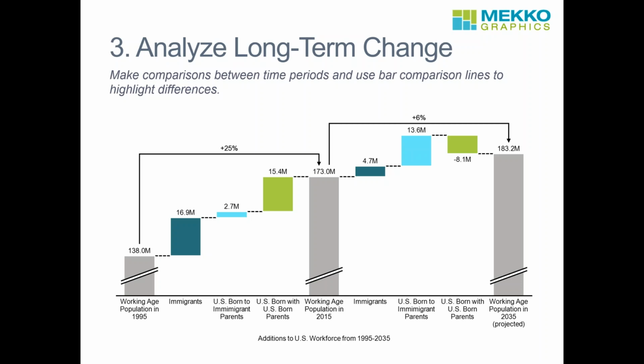In this case, change between 1995 to 2015, and then 2015 to 2035. Second, I wanted to highlight the overall change, and I used these bar comparison lines to do that. Third, I used the axis breaks again to shrink these total bars so I can focus on the magnitude of the change bars.